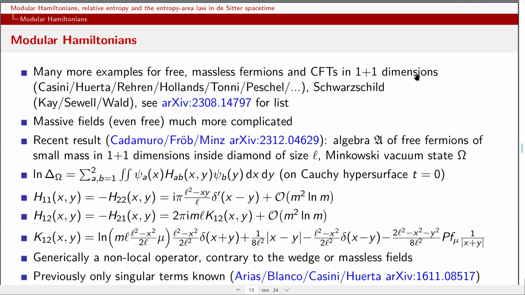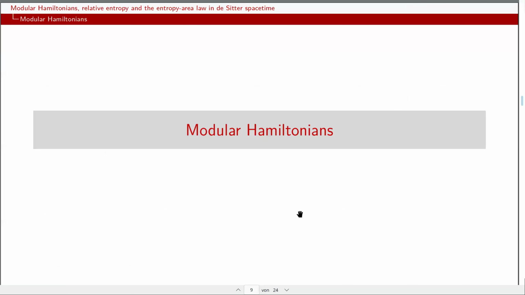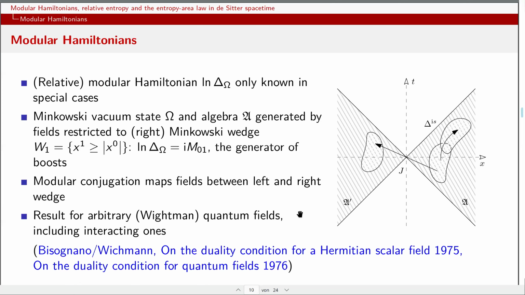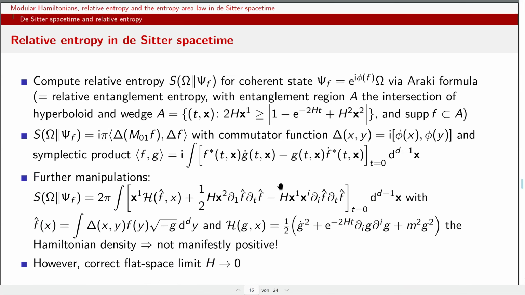Let's go back to the slide. We were using this formula here, the version of the Araki formula for unitary excitation. This is completely generic. So one could evaluate this also for an interacting theory, with the same log delta, and M01 is this expression. So that's fixed.